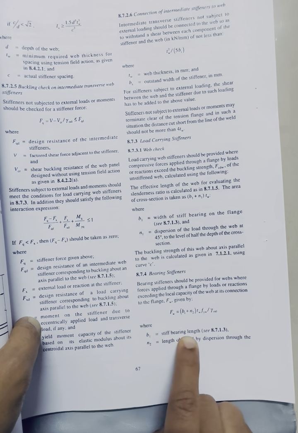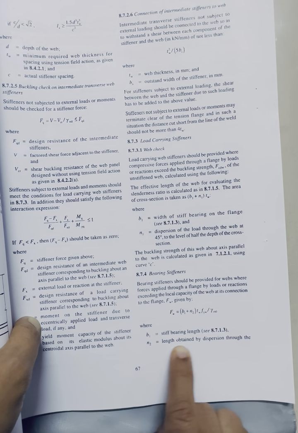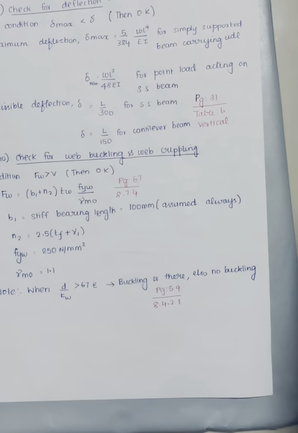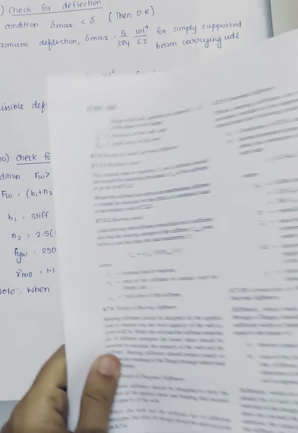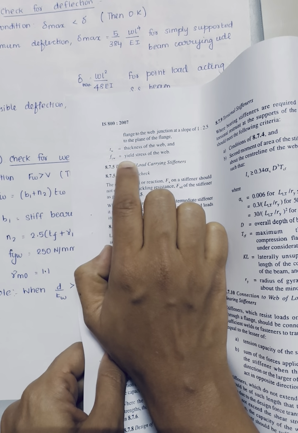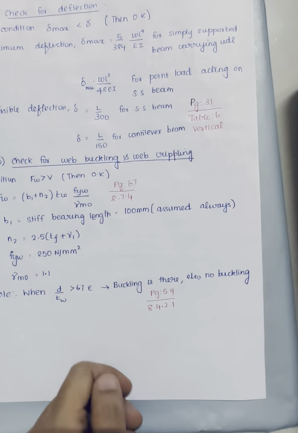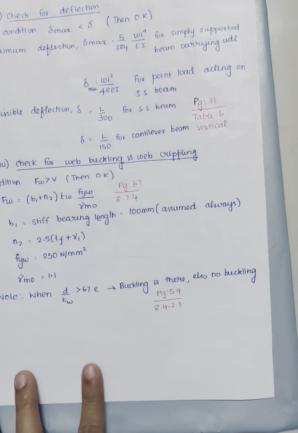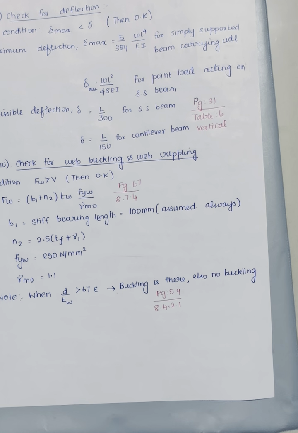B1 is the stiff bearing length. N2 is a length obtained by dispersion. And TW is the thickness of the web, and FYW is the yield stress of the web. So B1 is always assumed to be 100. N2 we can calculate as 2.5 into (TF plus R1). FYW is 250 Newton per mm square. Gamma M naught is 1.1. Okay, so this is the condition.